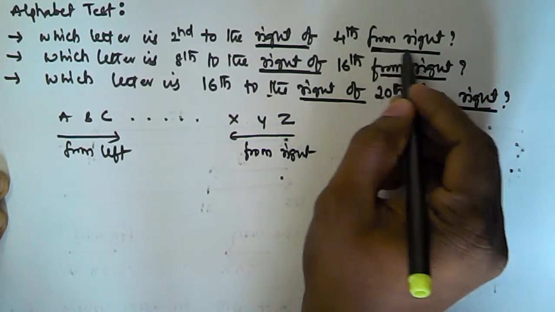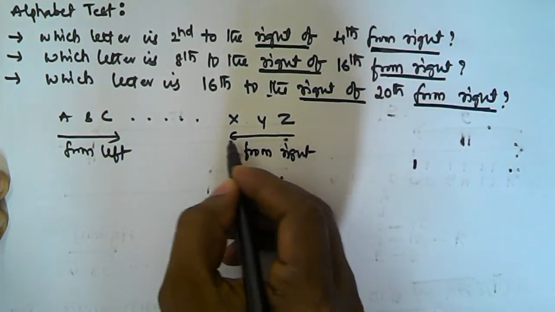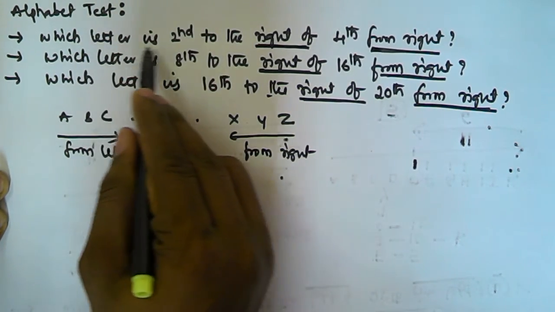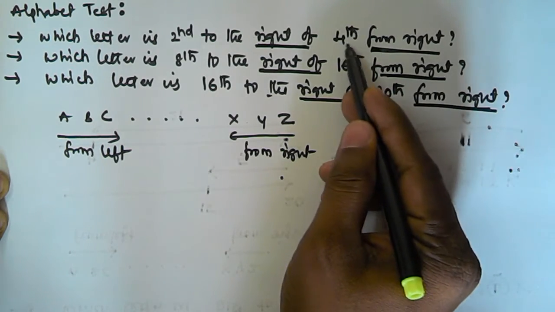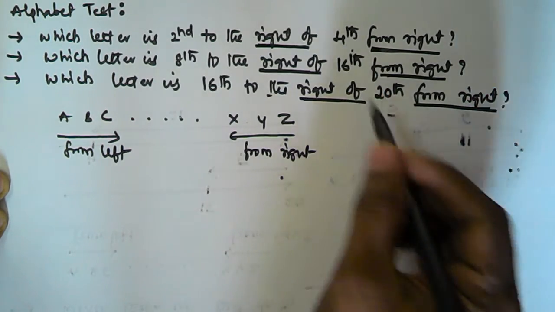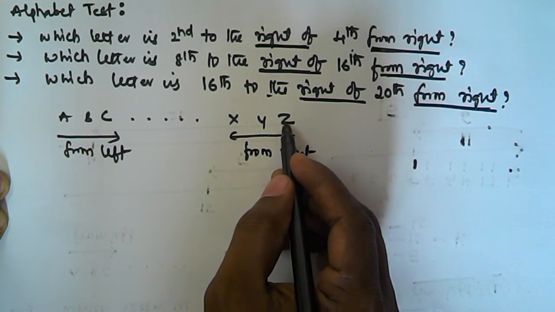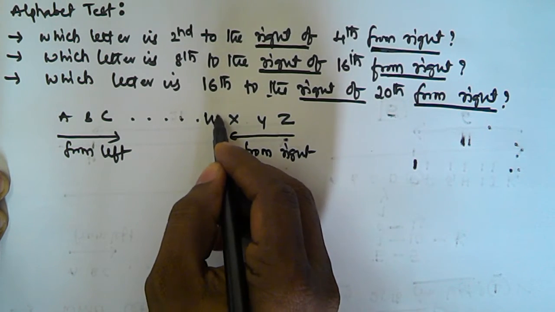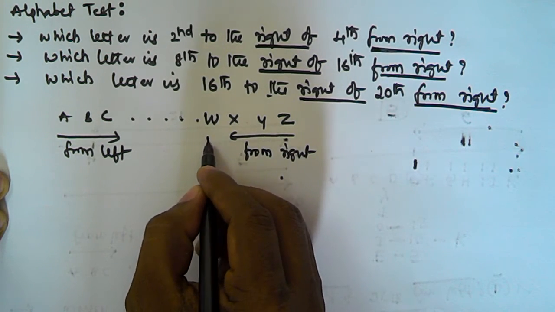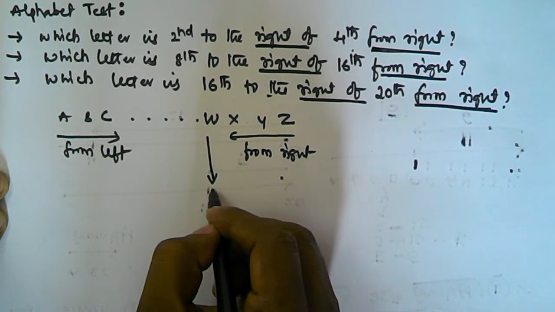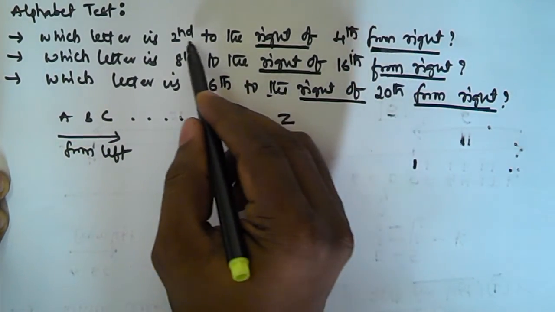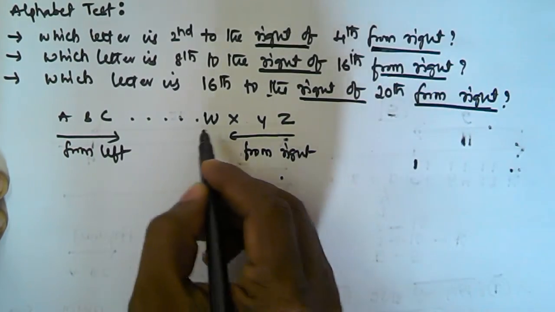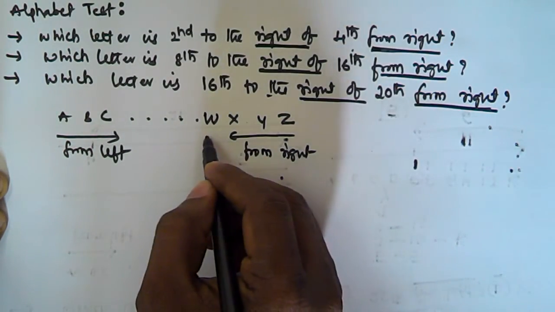This question is from right, so we start counting from here. Which letter is the second to the right of fourth from the right? First we have to find the fourth from the right: Z, Y, X and W. So this is the fourth from the right. Now we have to find the second to the right of this one.